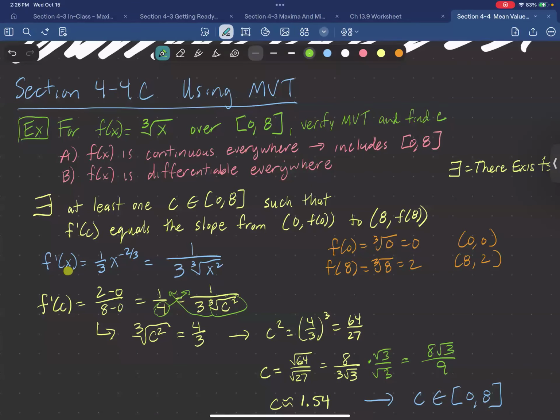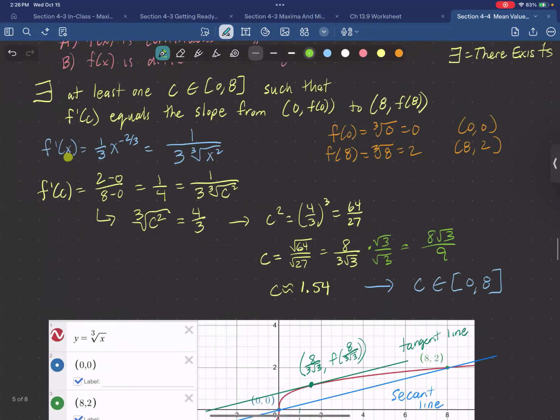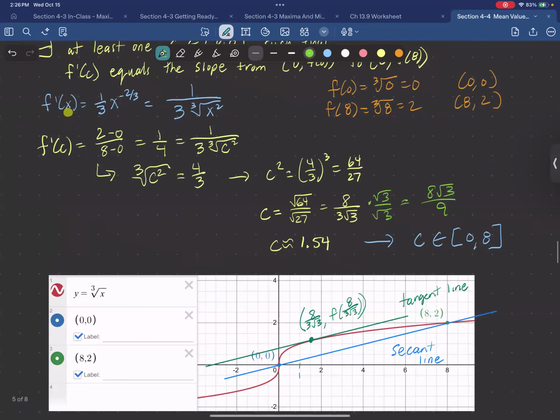Okay? Want to get rid of my circle marks there. If we take a look at the picture, the red line, that is our cube root function.